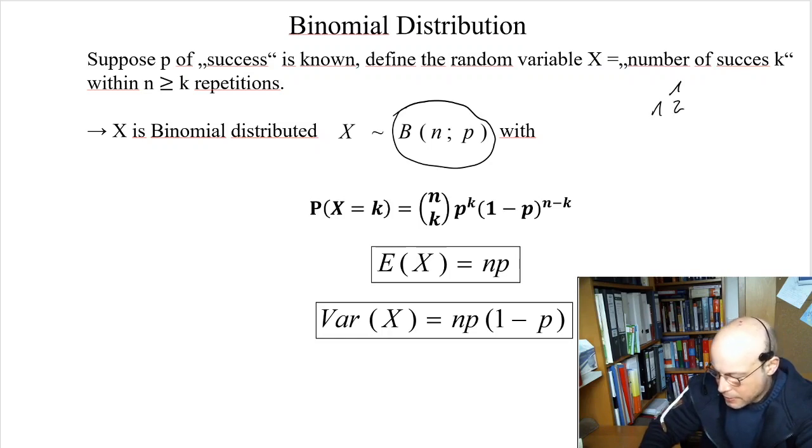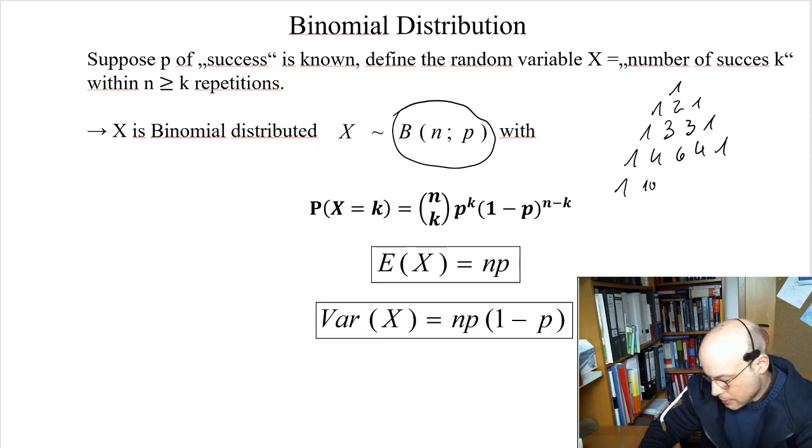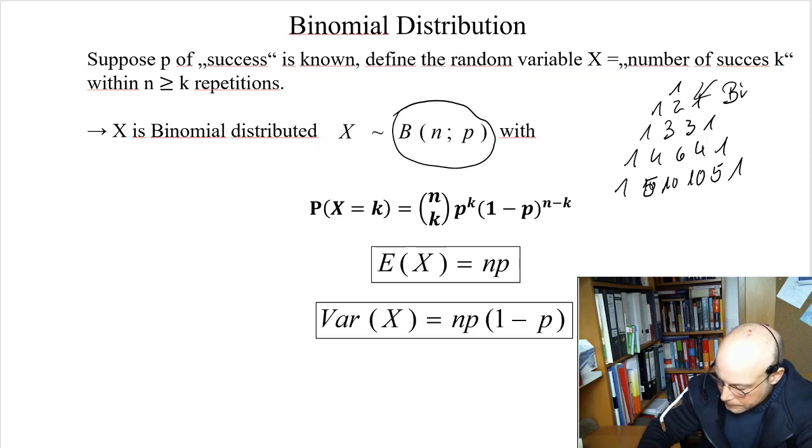If you take these numbers 1, 4, 6, 4, 1, 1, 10, 1, 5, 10, 10, 5, 1, then all these are the binomial coefficients.